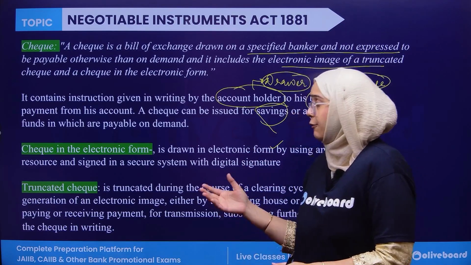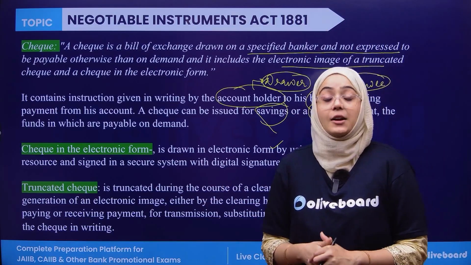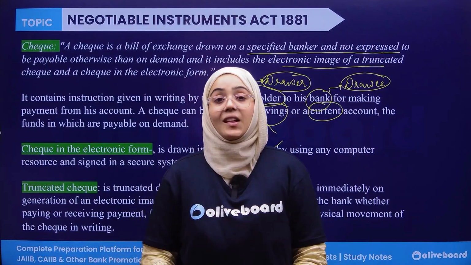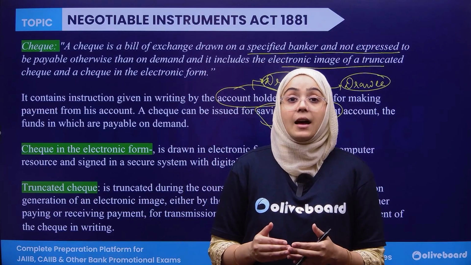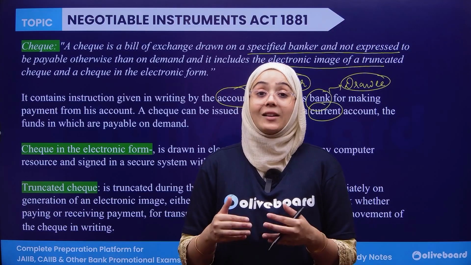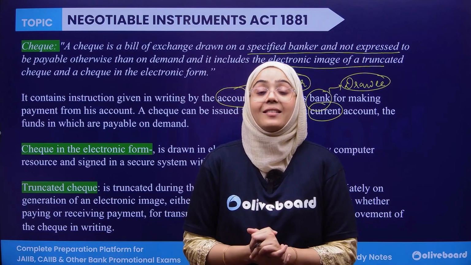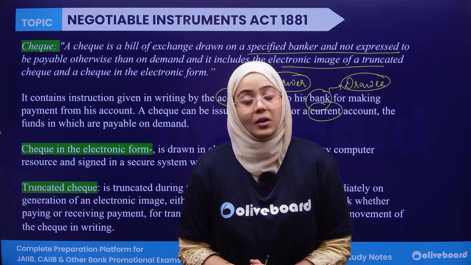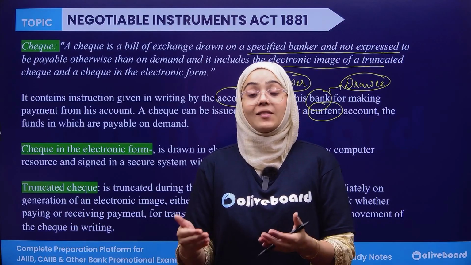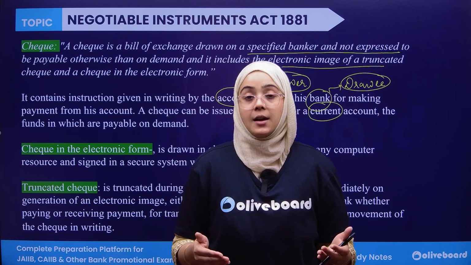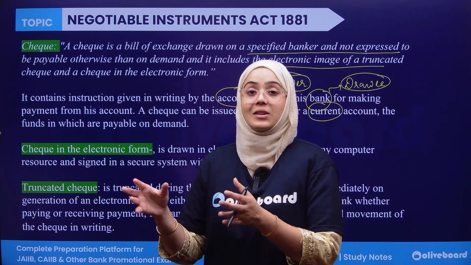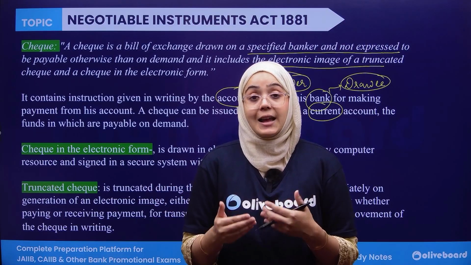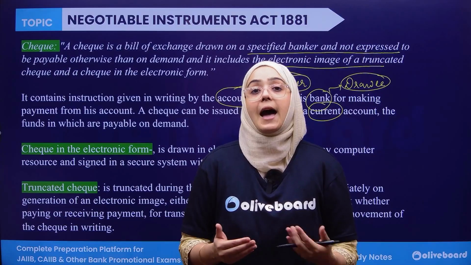Now, if we talk about the check truncation system, we have already discussed it. To eliminate the physical movement of checks, the electronic image or scanned image of the check is circulated throughout the clearing process, and this is known as check truncation. It means that in order to eliminate the physical movement of the check from one branch to another, a scanned electronic image is circulated throughout the clearing process so as to make the clearing of checks easier, more convenient, and faster.